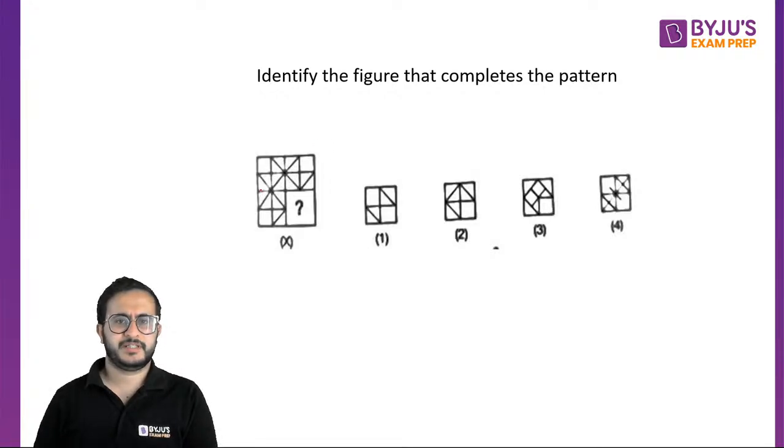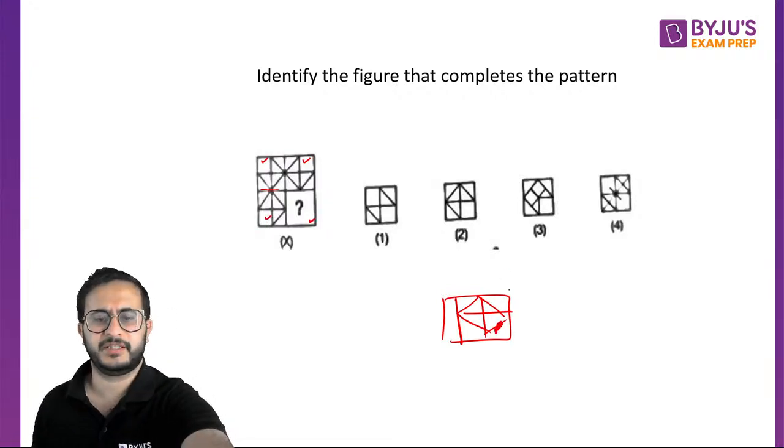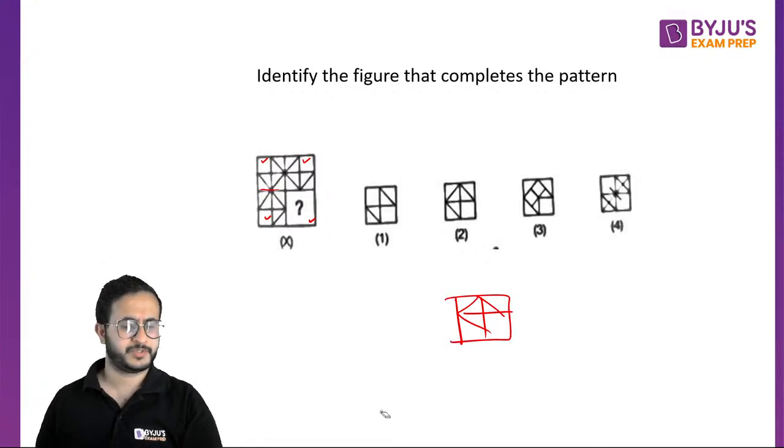So if you see this, in this case you have the complete figure and one slant side missing out of it, right? In this case, this side is missing, this side is missing, this side is missing. So this side should be missing. We will have an image like this, which is present in option 2.